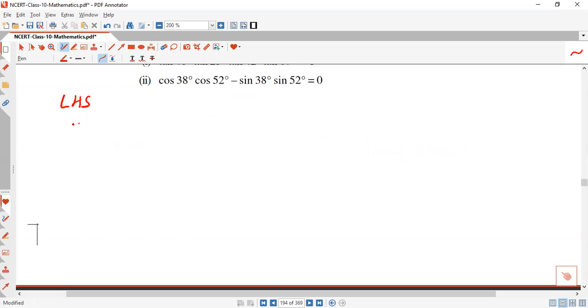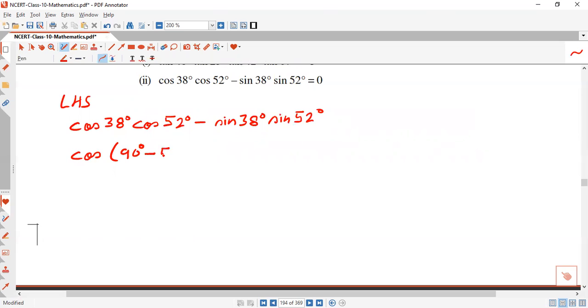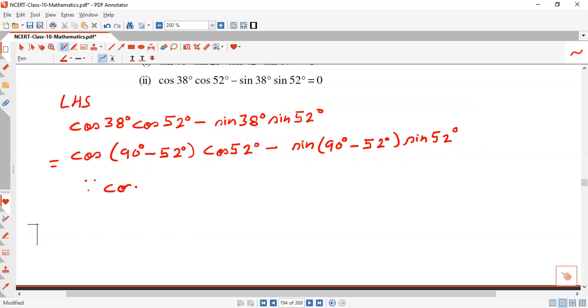Cos 38 degree can be written as cos of 90 degree minus 52 degree, and this is cos 52 degree, minus sin 38 degree, which can be written as sin of 90 degree minus 52 degree, sin 52 degree.